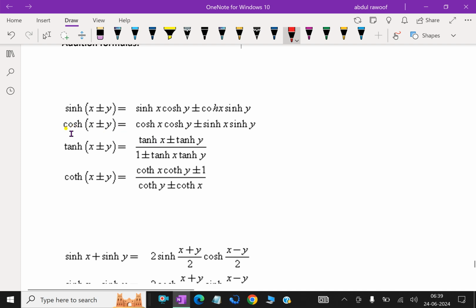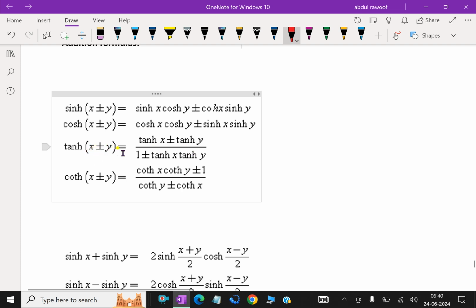Like this, another basic one: cosh (x plus or minus y) equals cosh x cosh y plus or minus sinh x sinh y. Here plus means plus, minus means minus; for cosh, plus becomes plus, minus becomes minus here also.